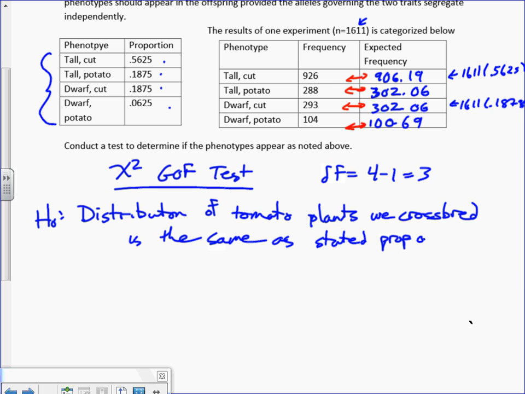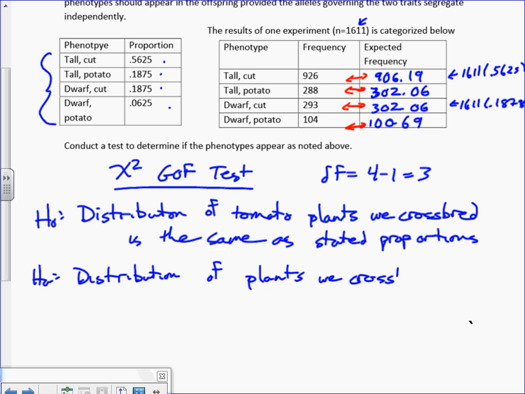Trouble spelling. And then the alternative would be that the distribution of the plants we crossbred is not the same as stated.